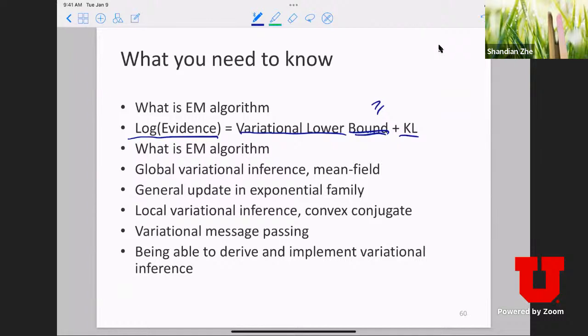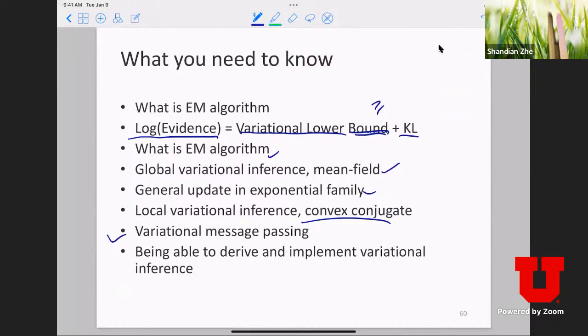So we hope that you know what the EM algorithm is, what global variational inference is, what the updating rule for mean field variational inference and the general update in the exponential family are, and what the idea of local variational inference is, and the most commonly used tool to construct a lower bound of the ELBO, that is the convex conjugate, and some graphical insight of conducting variational inference on the Bayesian network.